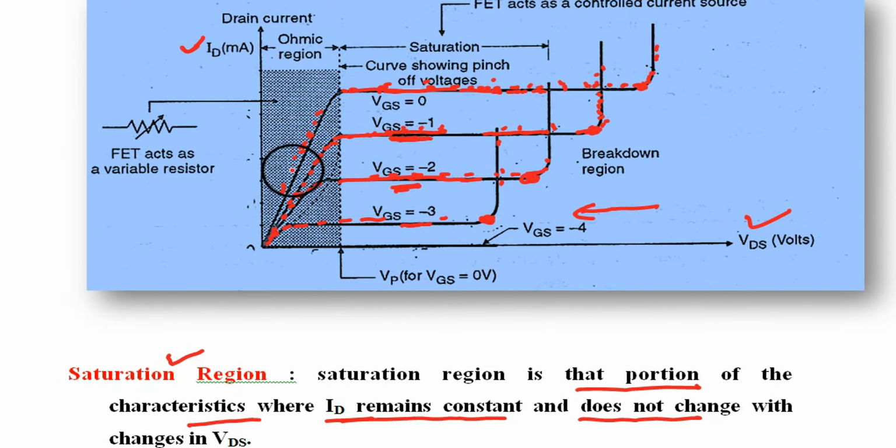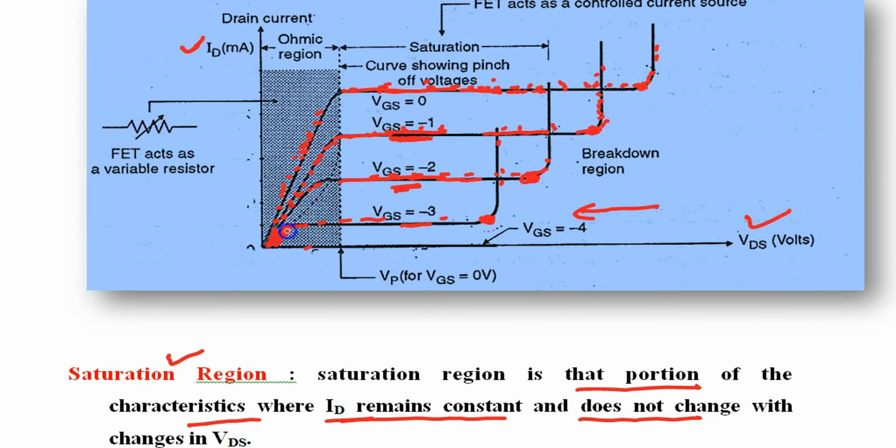So when the gate source voltage is 0, this is the ohmic region, here the linear region between the voltage and the current, and this portion reduces if we make the gate more and more negative.